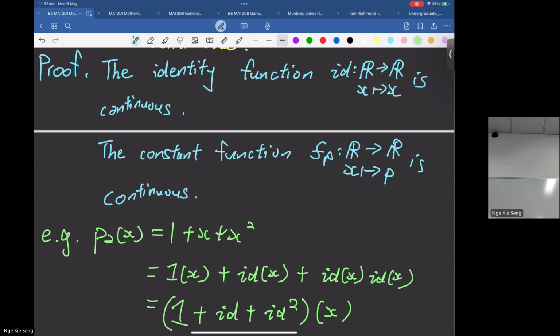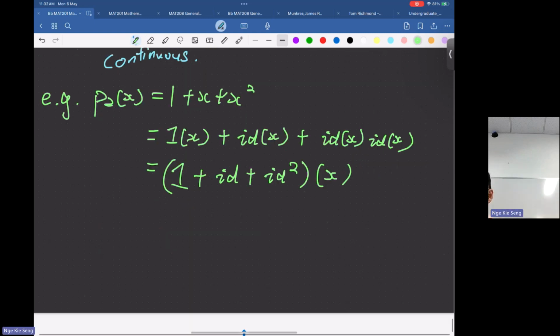Any question up to here? This is a very important phenomenon to see when we want to prove more general results.